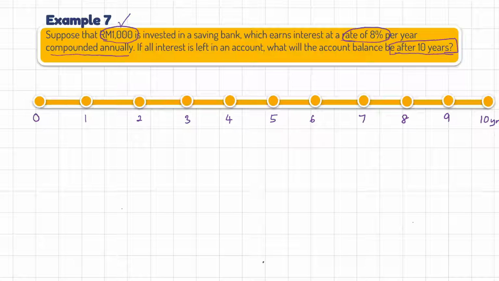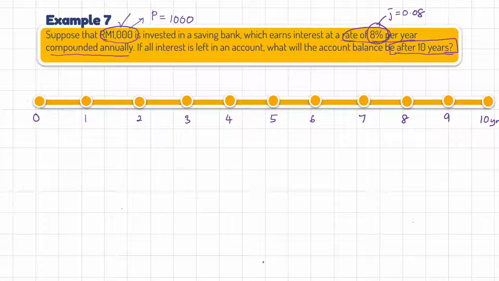And then the first value here is 1,000 ringgit. 1,000 ringgit is the amount of money invested in a saving bank. So this will be our P equals to 1,000. The next one we have is the rate of 8% per year. Means that this is our J. J is equals to 0.08.